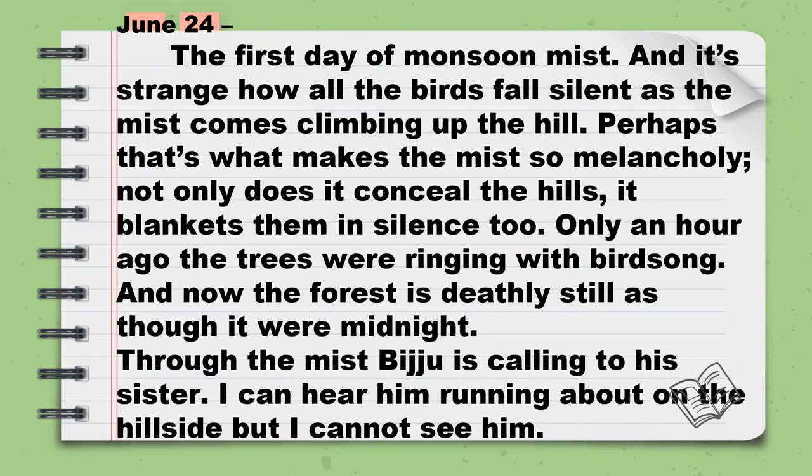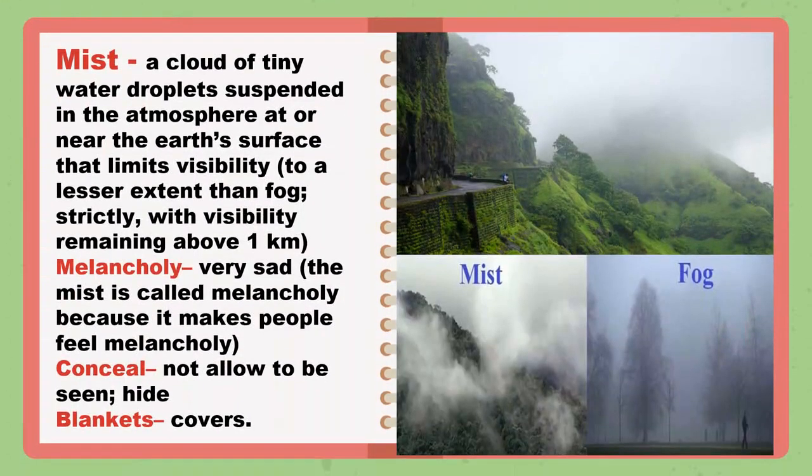Now, let's find the new words here. Mist: a cloud of tiny water droplets suspended in the atmosphere at or near the Earth's surface that limits visibility.